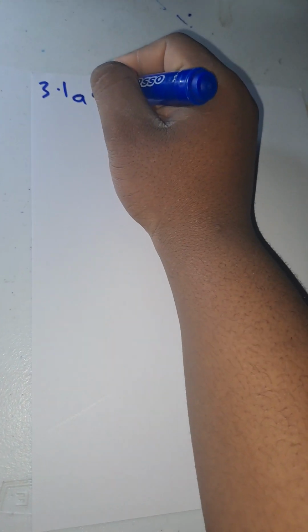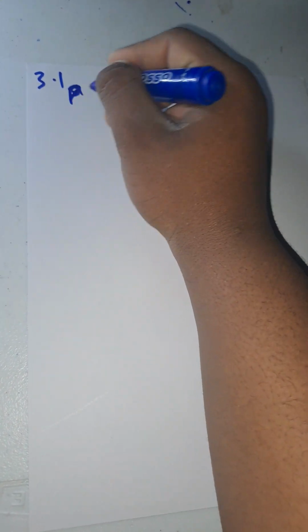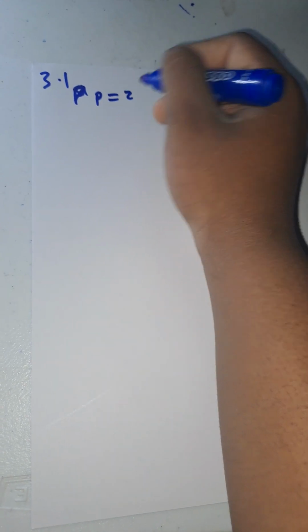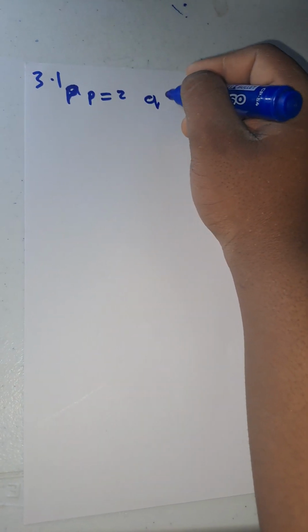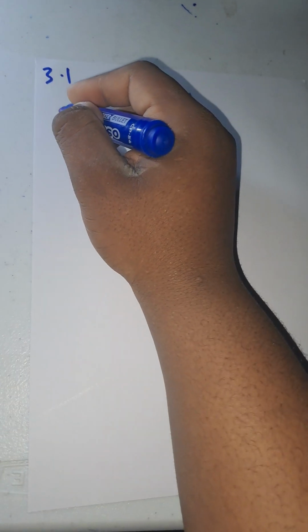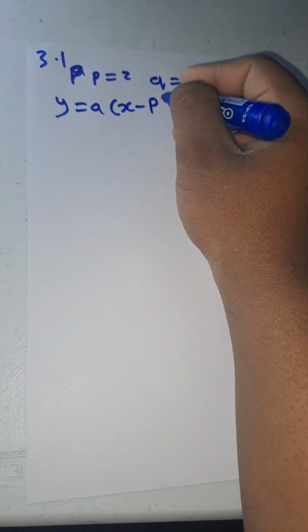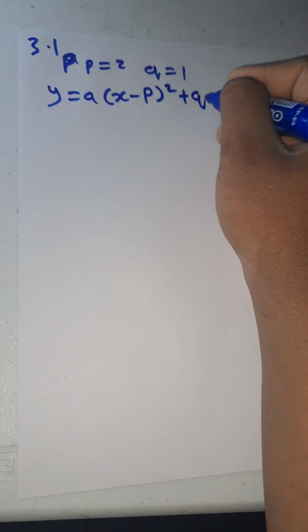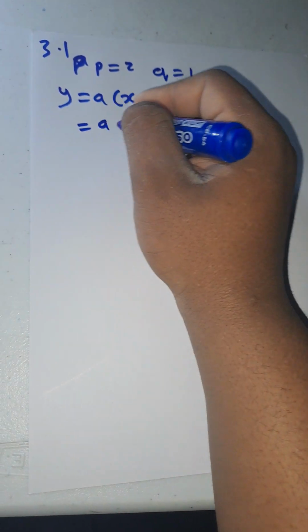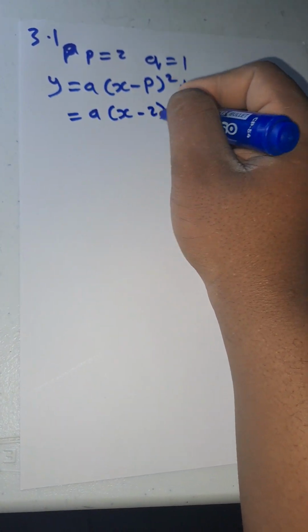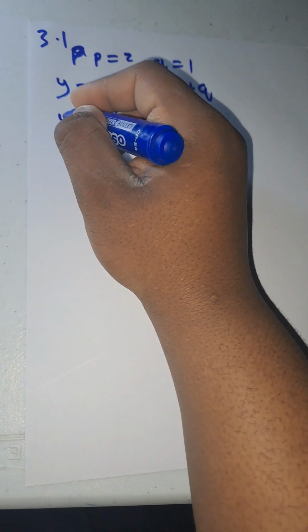My p is equal to 2, we saw it. And then my q is equal to 1. I can put it in that equation. It's equal to a times x minus p squared plus q. So now I'll have a times x minus 2 squared plus 1.